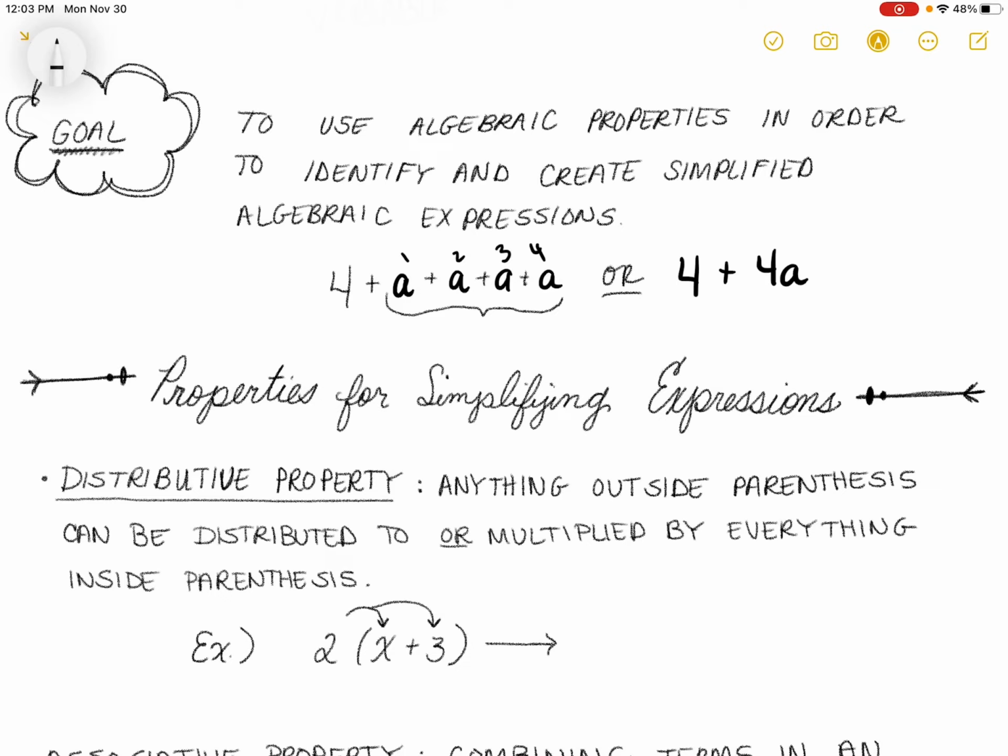Now, there are specific names for the properties that we use to get from 4 plus A plus A plus A plus A to 4 plus 4A. Let's talk about those two properties that we will use in order to simplify expressions.